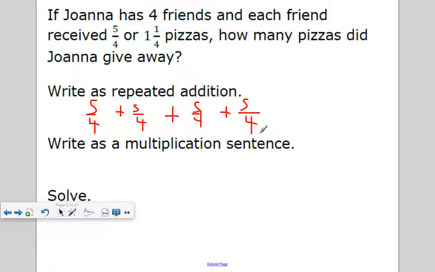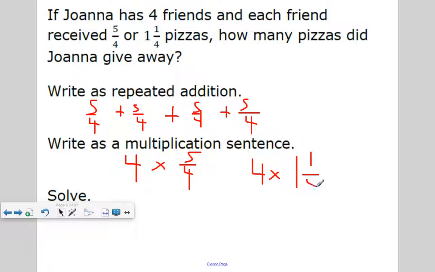And that's repeated addition. Or you could say 1 1/4 plus 1 1/4 plus 1 1/4 plus 1 1/4. Write as a multiplication sentence. So 4 groups of 5/4. Or you could say it as 4 groups of 1 1/4.